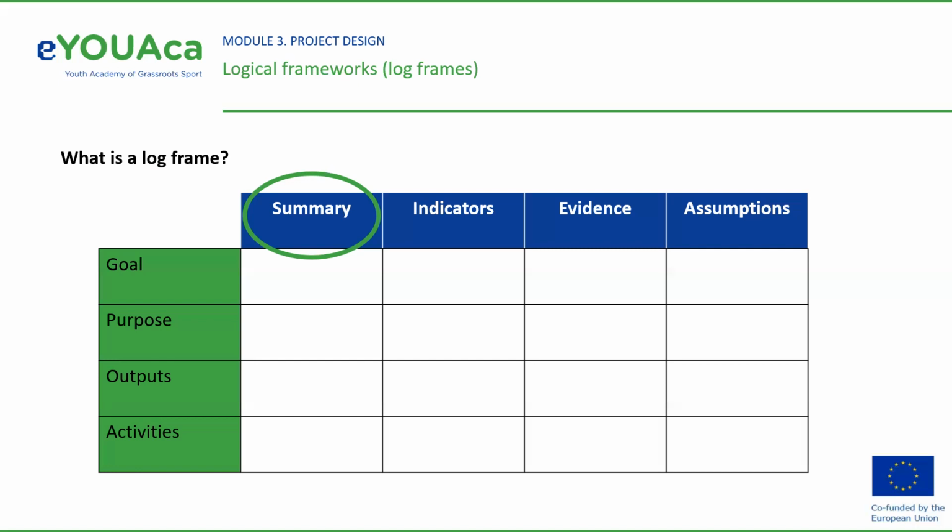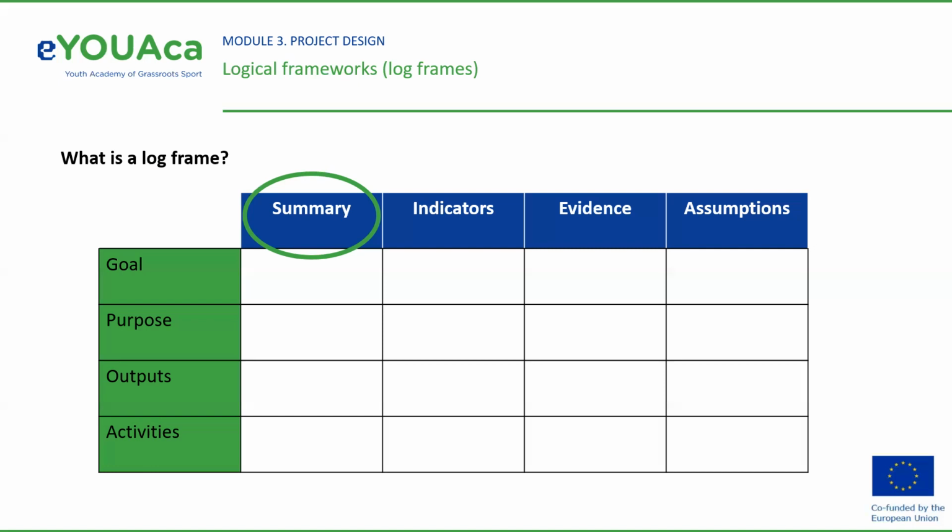If reversed, we can say that if we wish to contribute to the overall goal, then we must achieve the purpose. If we wish to achieve the purpose, then we must deliver the specified outputs. If we wish to deliver the outputs, then the specified activities must be implemented.